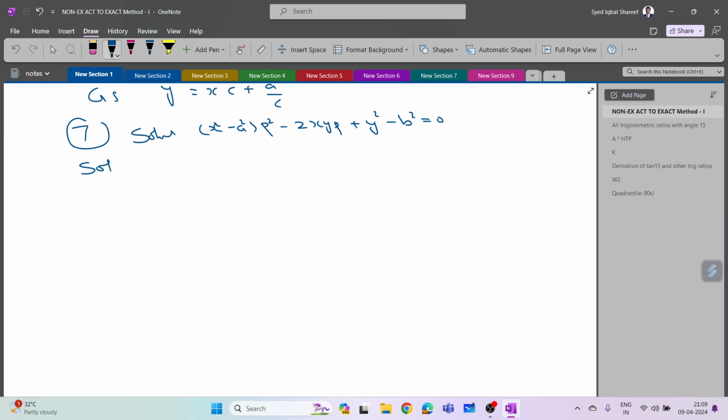It will be p square x square minus 2xyp plus y square minus a square p square minus b square.